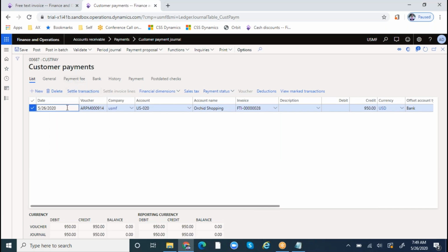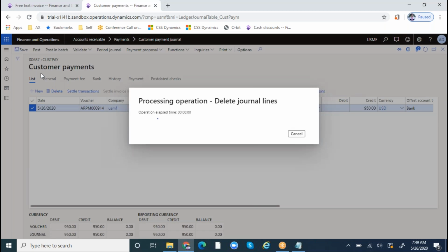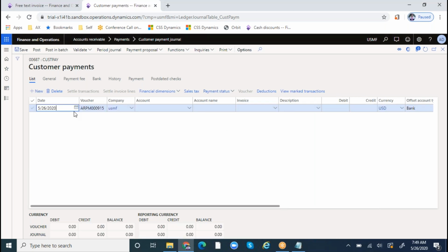Suppose I'm deleting this one. I'm entering the transaction date as 3rd June. Once again, I am selecting US 020, settle transactions.